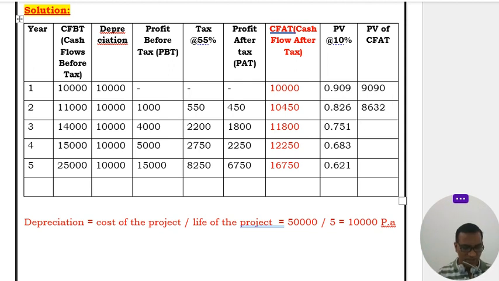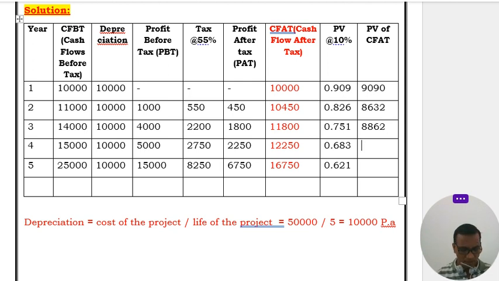And next, 11,800 multiplied with 0.751. Third year table value, 8,862, rounded up to 62.